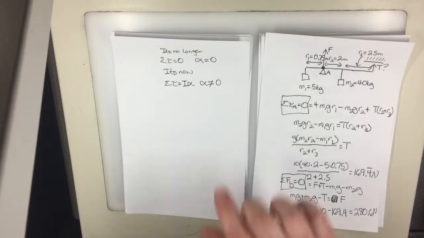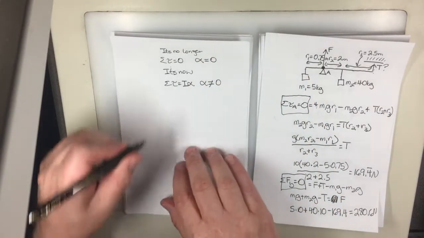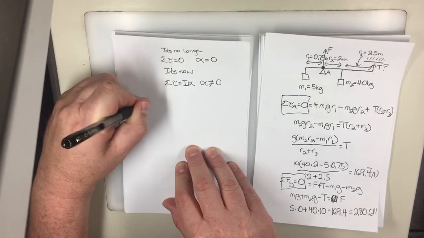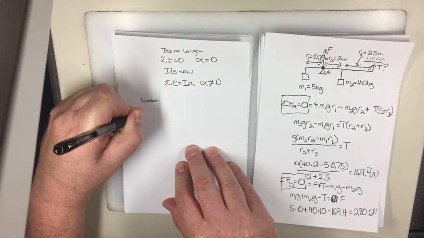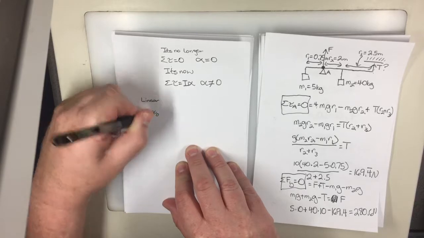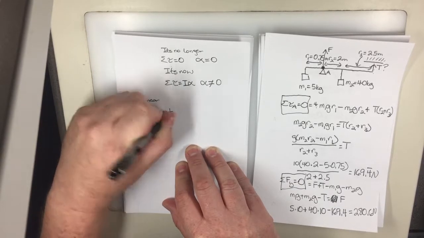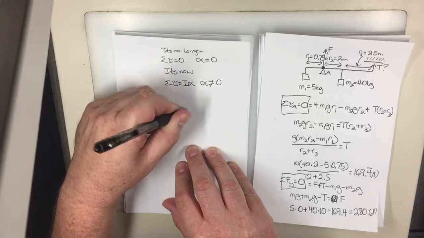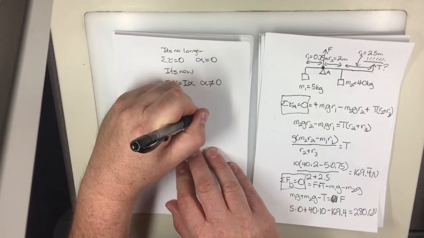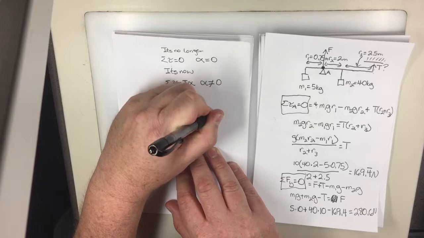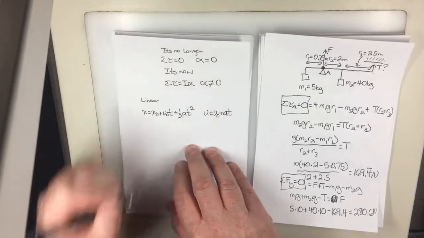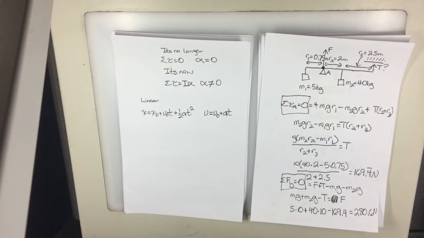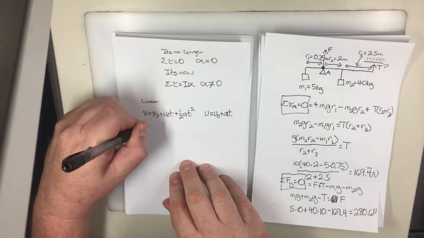There are equations that can be used in either case, and that is we have our linear equations of x equals x naught plus v naught t plus 1/2 a t squared, and v equals v naught plus a t. Those are the linear equations of motion. Now that we've got alpha being non-zero, it gets a little bit more interesting for the rotational equations of motion.